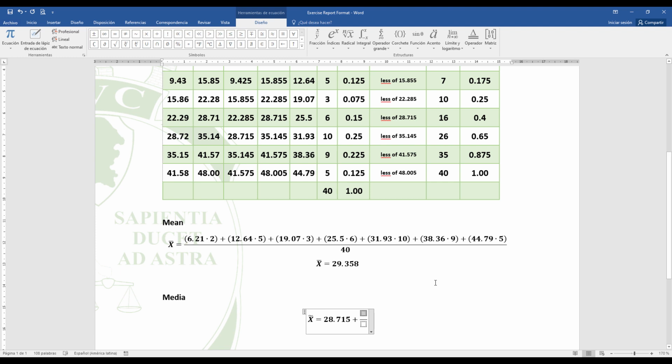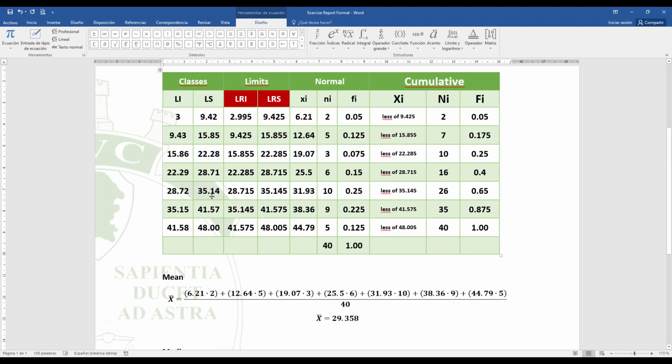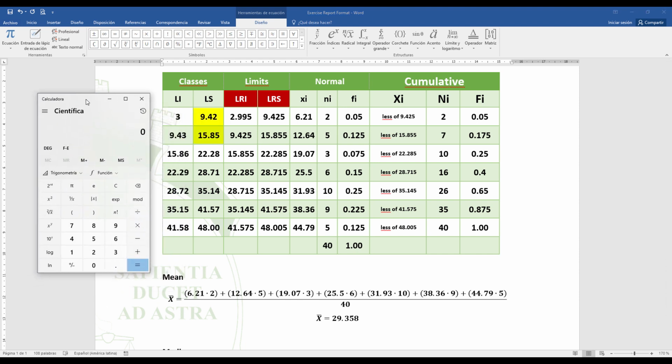You need to use the class width. For that sample you can calculate that using the subtraction.